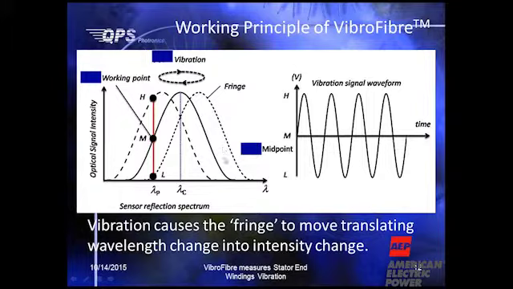So this has the advantage of turning an optical signal with wavelength change into an optical intensity change, shown here as a sinusoidal curve, which then can be converted right away into voltage changes.